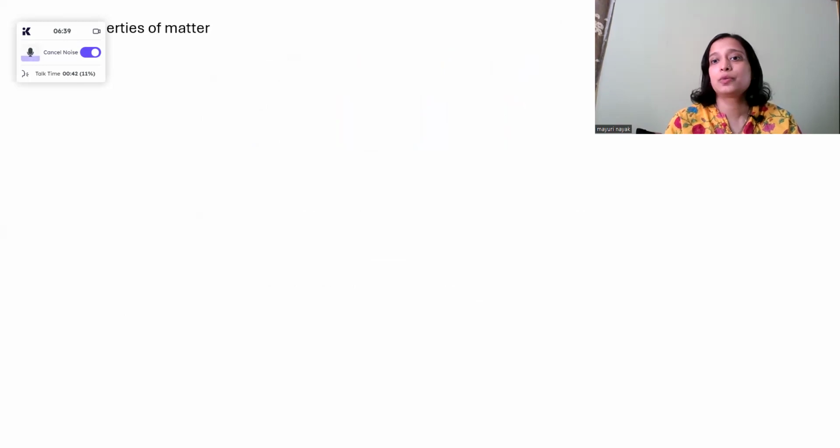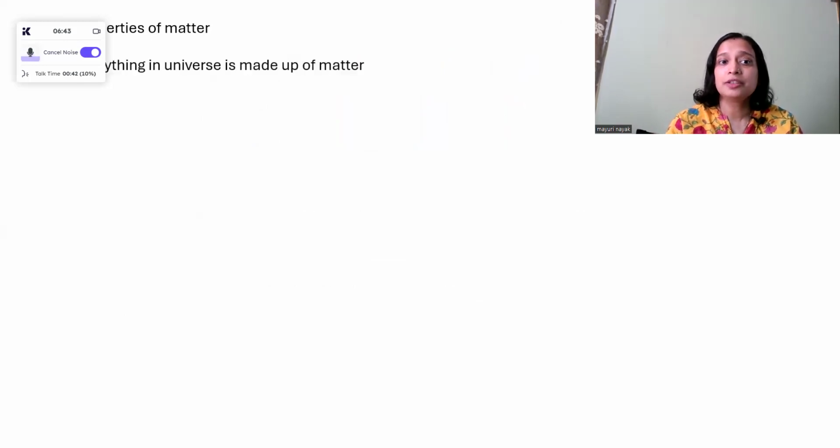So let us discuss over here about the properties. Anything in the universe is made up of matter, isn't it? Like in the first slide, we compared column A and column B. A table requires a space, trees require a space.